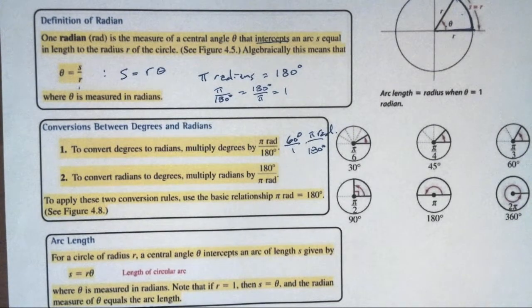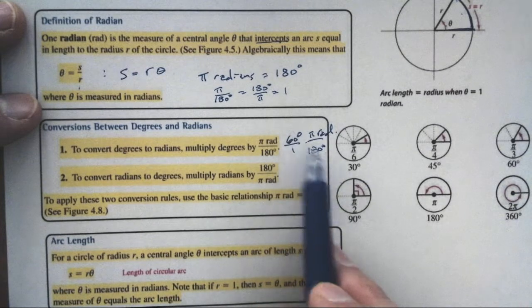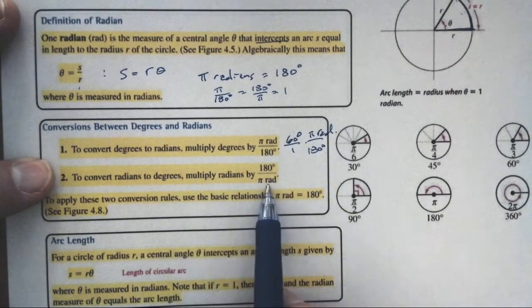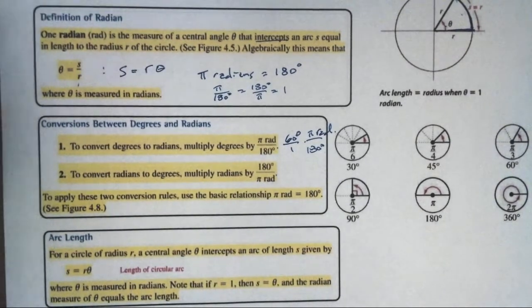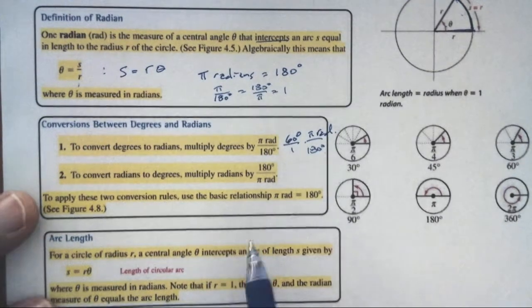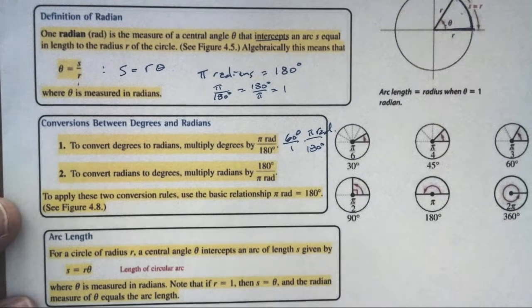If you've taken chemistry, you do that kind of stuff in chemistry, I believe, all the time, where you make sure you cancel the units. If we want to cancel radians, then if we have a radian measure, we divide by pi radians to cancel the unit measure, radians. To apply these two conversion rules, use basic relations. Pi radians is 180 degrees.